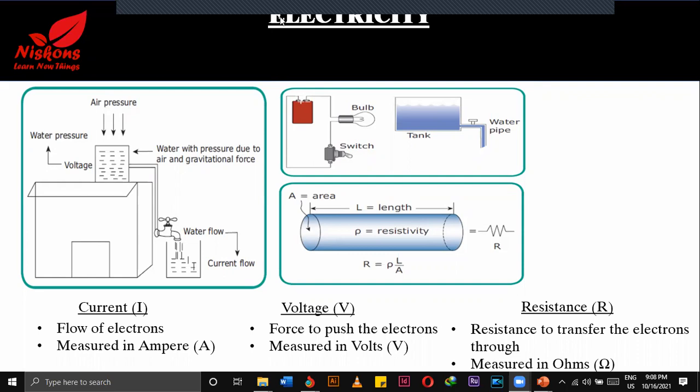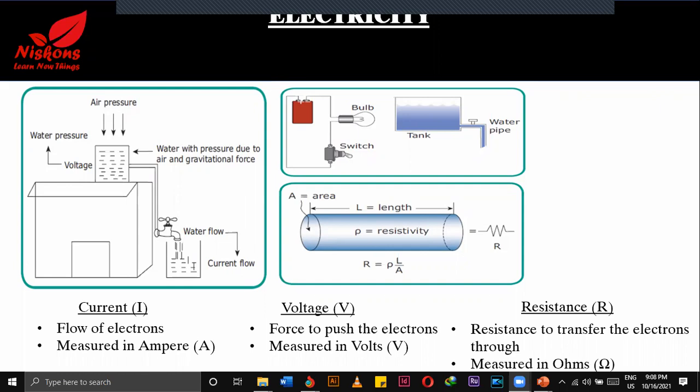Resistance means restricting the flow of electrons through a conductor. As an example, I told you that when you push a person, that is the force. If the person is smaller, it is easy for you to push. If the person is a big person, it is hard to push.